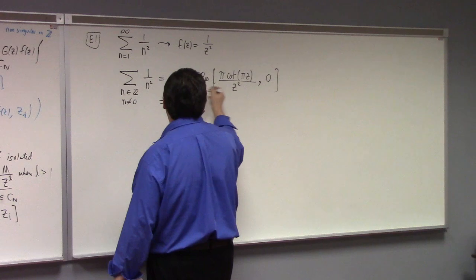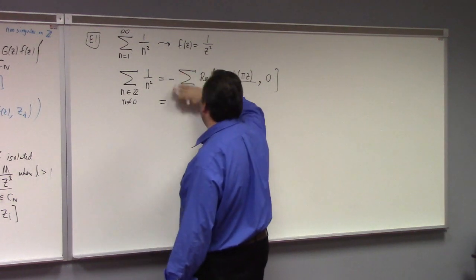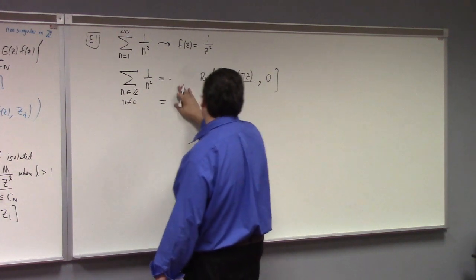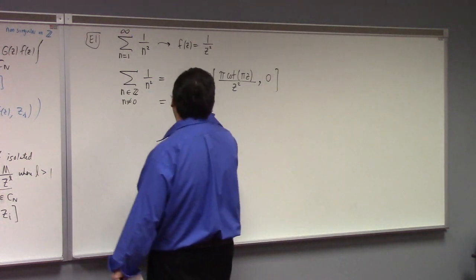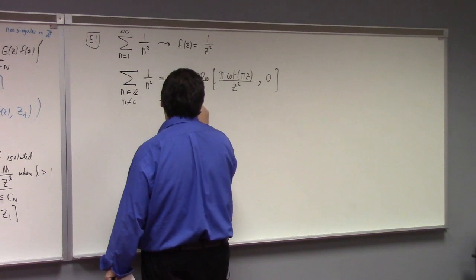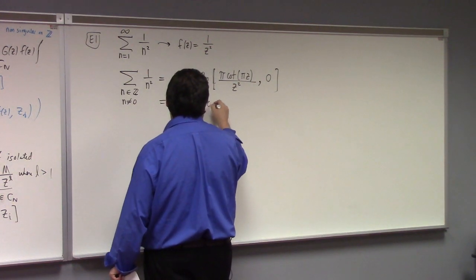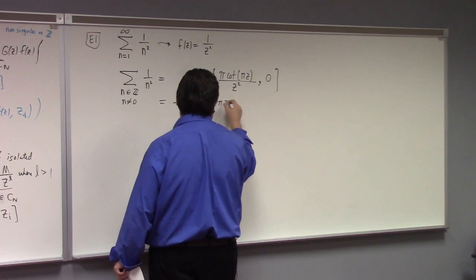We're supposed to do what? So the summation is dumb here, I could just erase the sum. There's just 1, right? So we've got minus d squared dz squared of pi cotangent pi z.